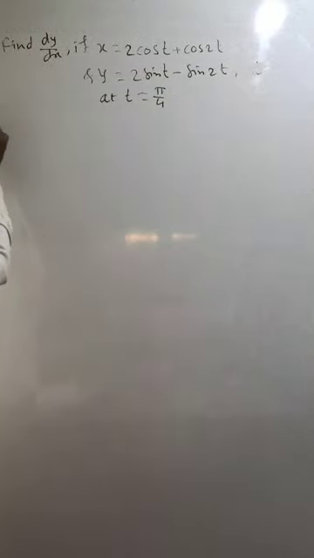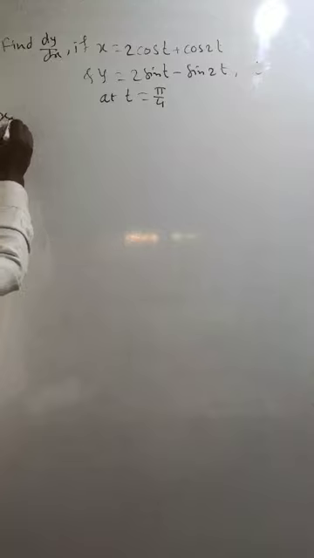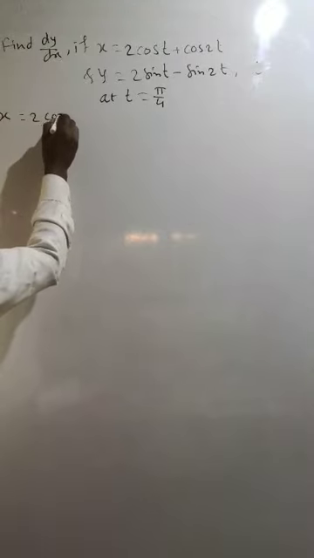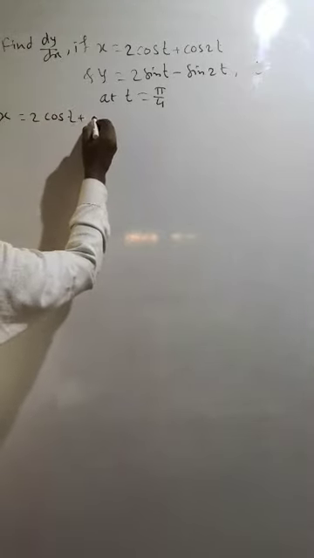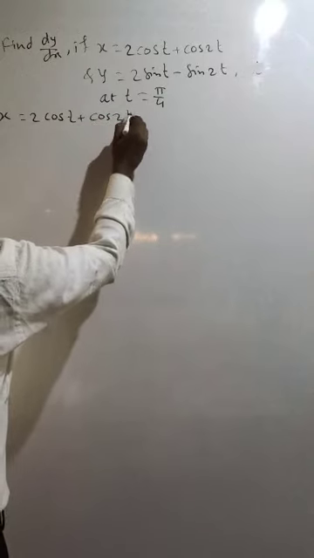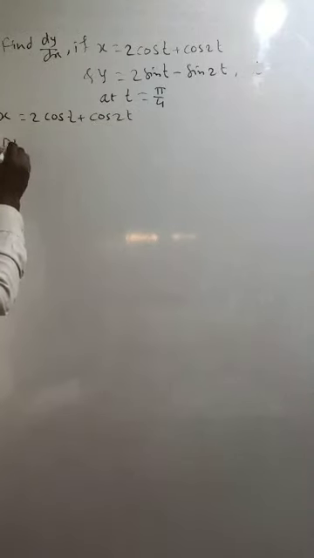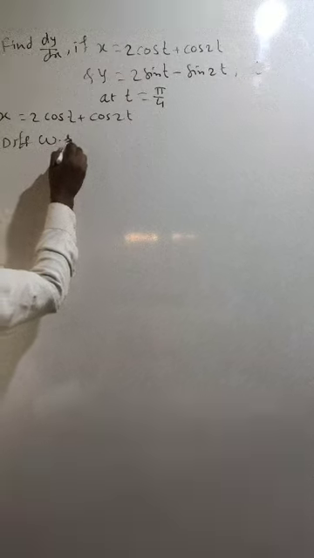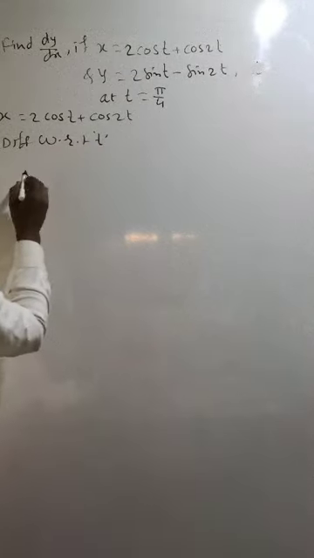Solution: x equal to 2 cos t plus cos 2t. Differentiate with respect to t.